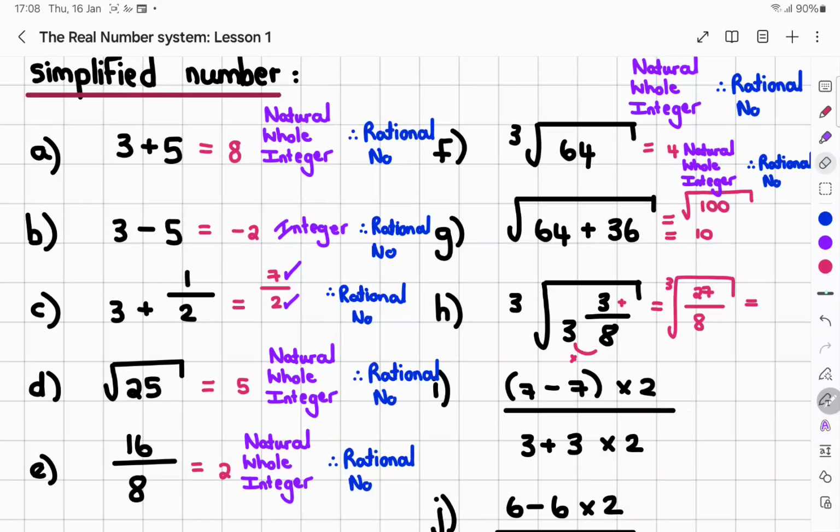Okay, and that would give you 3 over 2. All right, so it's not a natural, it's not a whole, it's not an integer. Let's have a look. Is it a rational number? Does it have an integer at the top and an integer at the bottom? Yes, thus it's a rational number.